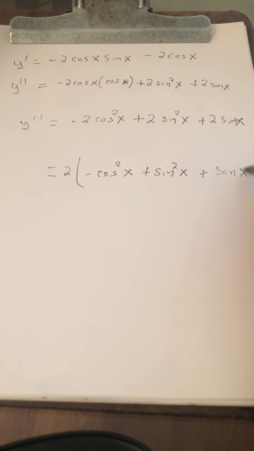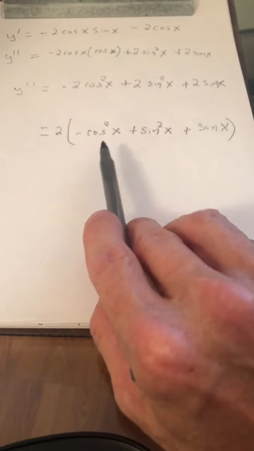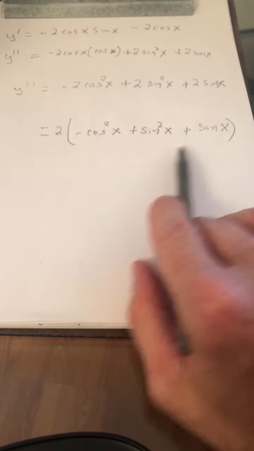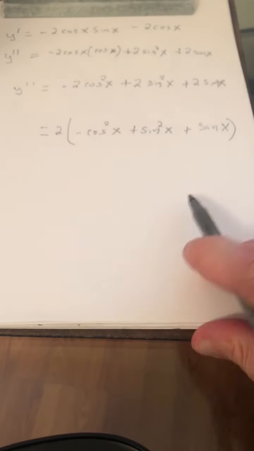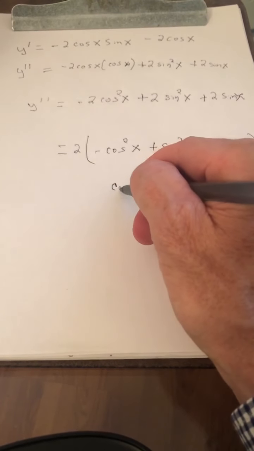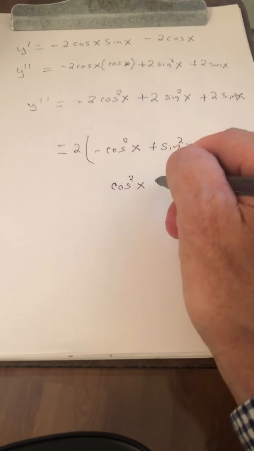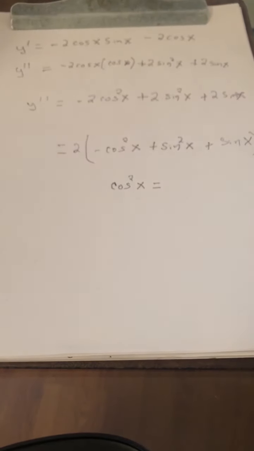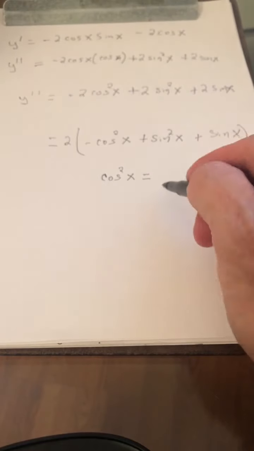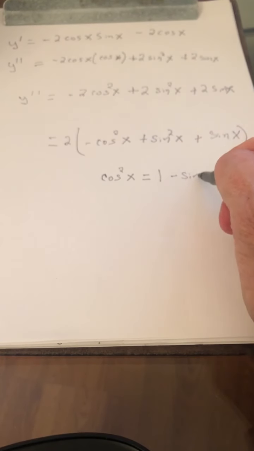Now, what we need to do is get this expression in terms of either sine or cosine. So we'll use the fact that cosine squared of x is 1 minus sine squared of x.